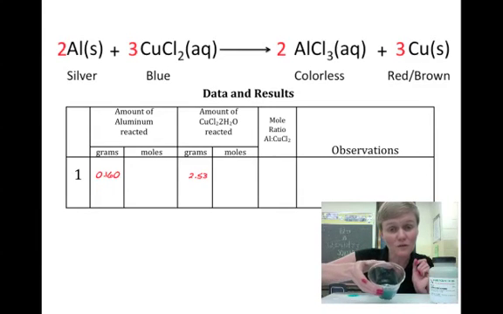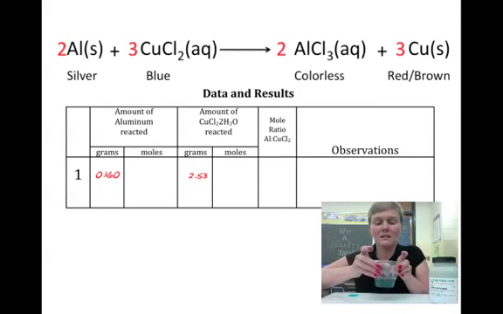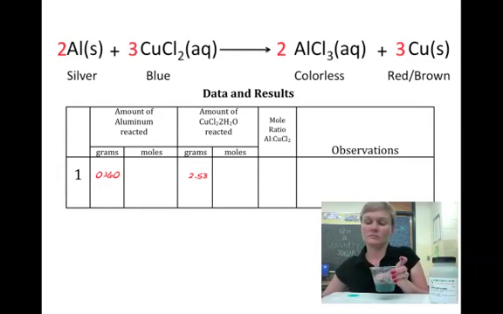I don't know if you can hear the fizziness, but there are bubbles forming, there's steam coming out, and you can see the copper solid is forming at the surface of the aluminum foil, and a reaction is happening. So we can actually see physical evidence that there's copper chloride still in there, it's staying blue. The aluminum is disappearing, and we're forming some copper solid, which you can see as the red solid there.